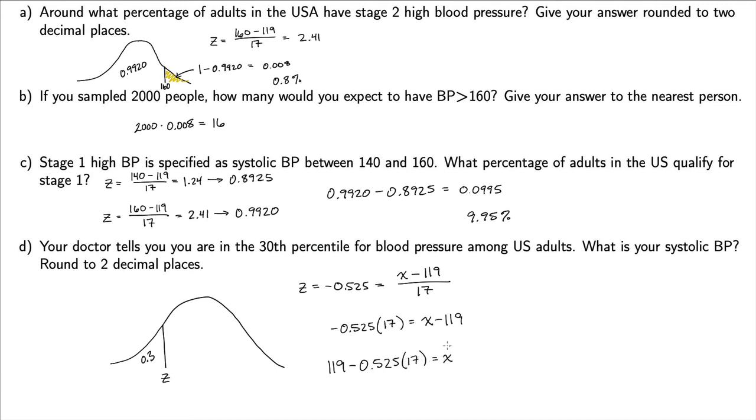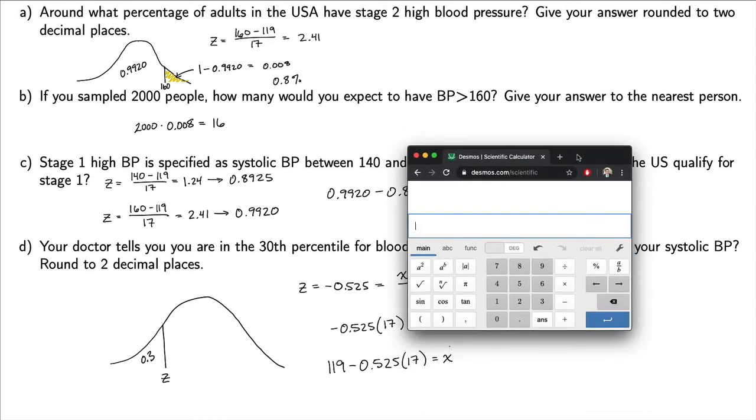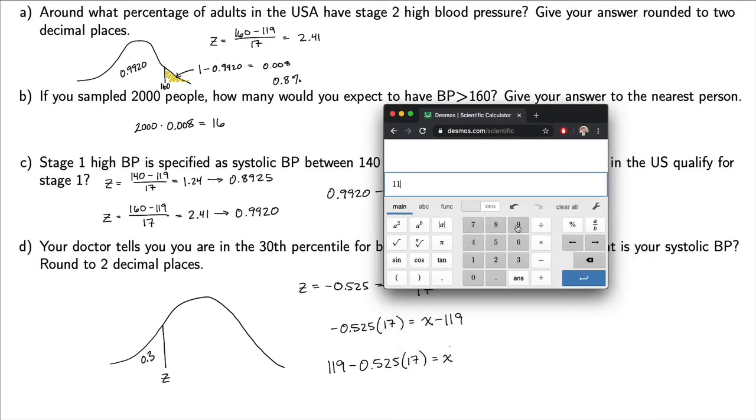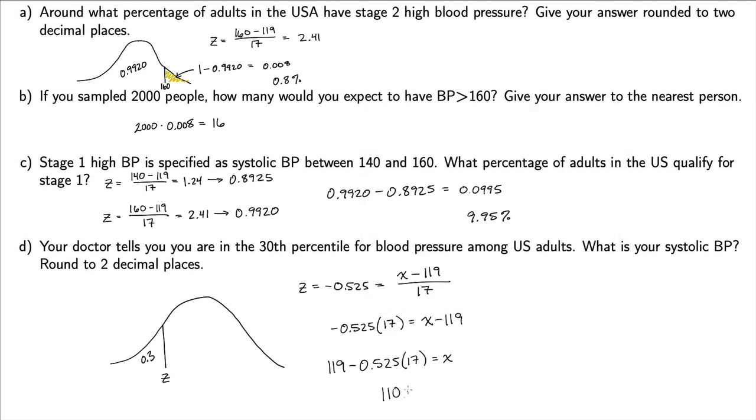Plugging that into my calculator, I get 110.075. That would be my systolic blood pressure at the 30th percentile.